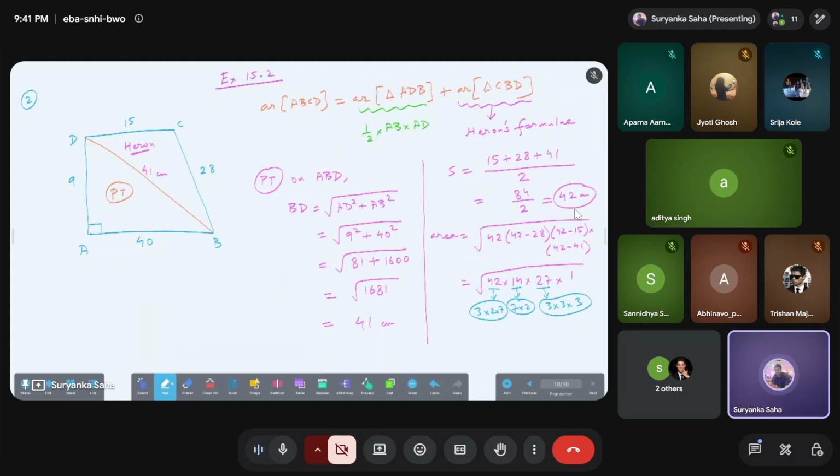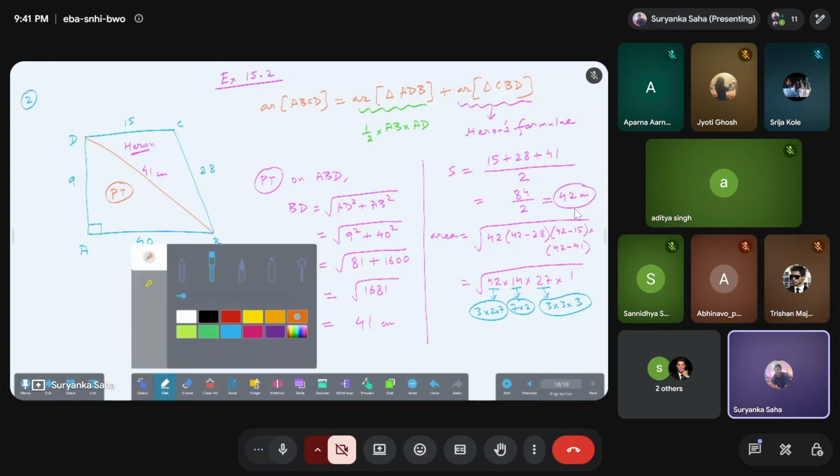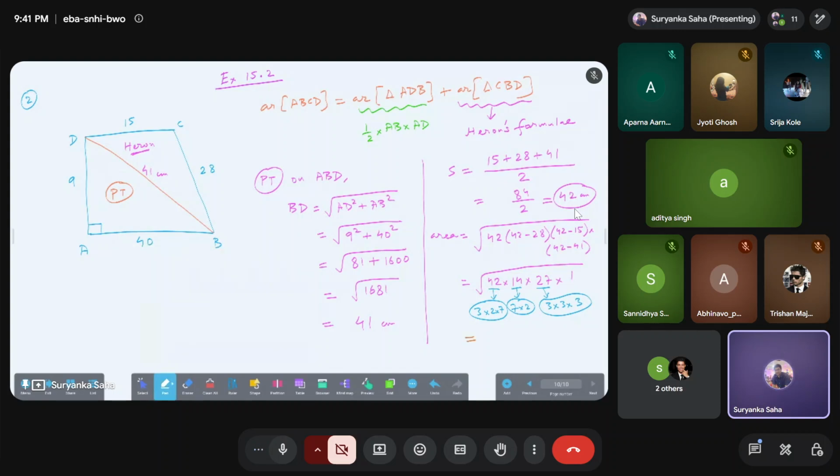Okay, now generate pairs. 7, 7, 1 seven will come out. 3, 3, 3, there are 4 threes, so 2 threes will come out and 1, 2 will come out. See, did you understand? 9 and 18, 18 into 7 will be 126. Okay, everyone understood?